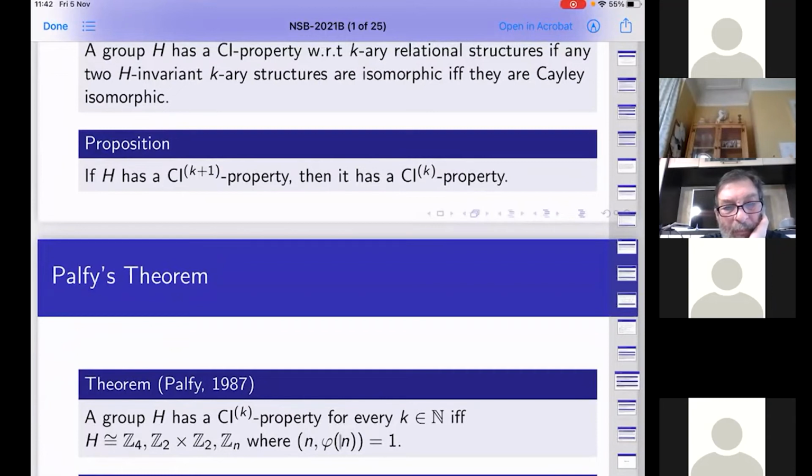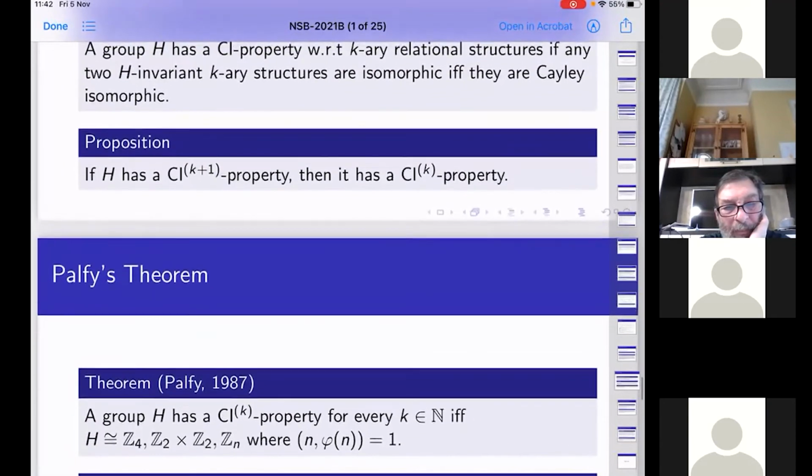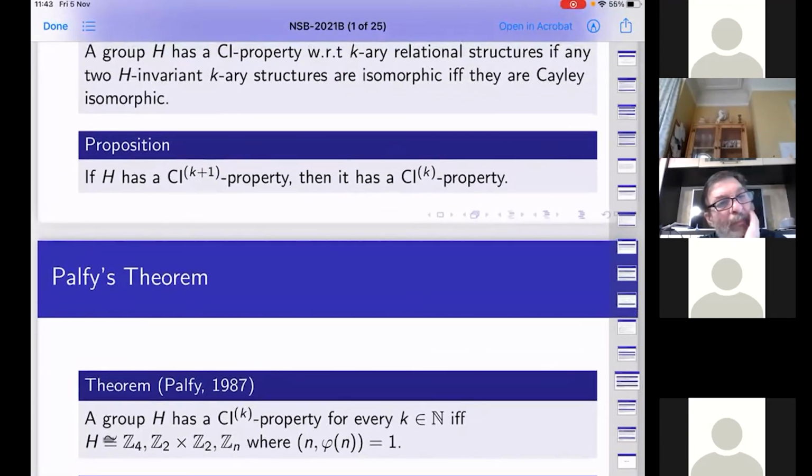For such a group, you can take an arbitrary combinatorial object you like, for example, Steiner systems or codes or something else, and these two combinatorial structures will be isomorphic if and only if they are isomorphic by an automorphism.